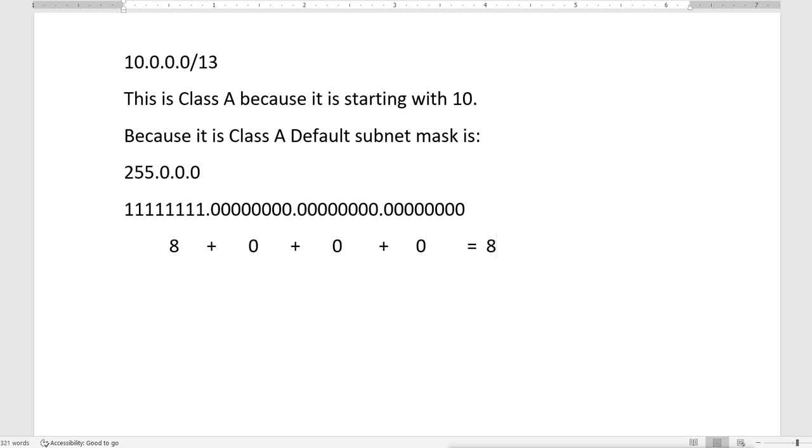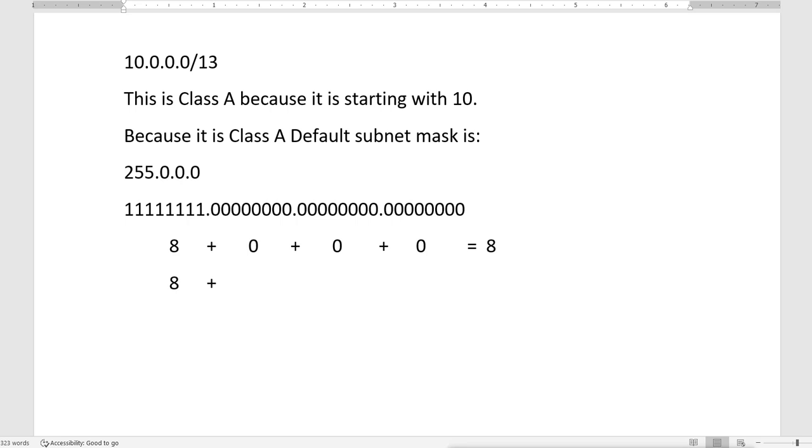If it is /8, then it is the default one, but it is not the default one. It has some changes here. It is actually /13. Now, how many extra bits do we have? When you add 5 to 8, you get 13. So actually we have 5 extra bits.